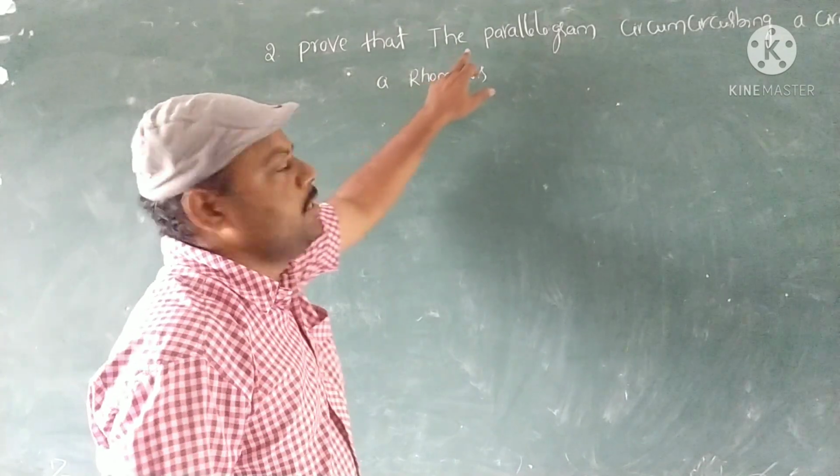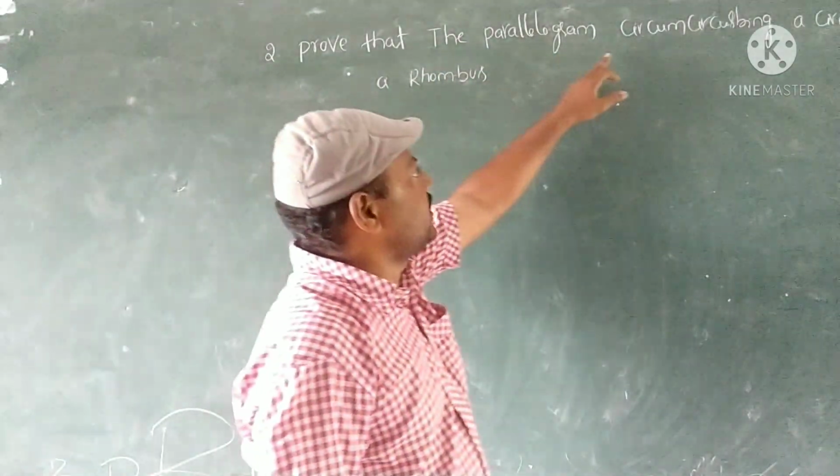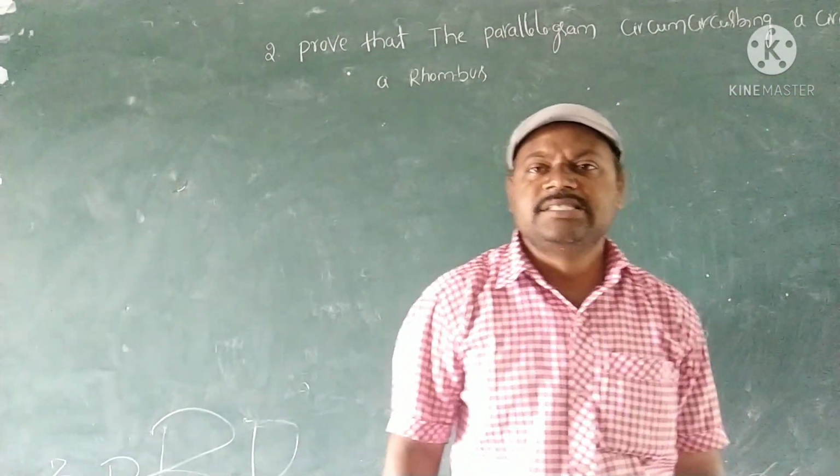Next question. Prove that the parallelogram circumscribing a circle is a rhombus.